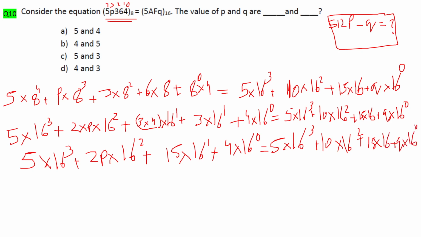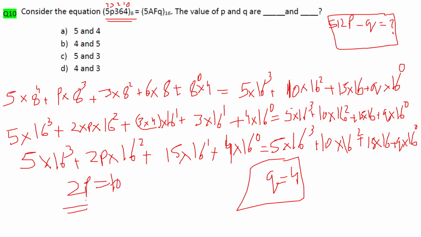Now comparing these terms, you can see 5 into 16 cube, 5 into 16 cube, 15 into 16, 15 into 16, and here is your 4 and here is your q. So from symmetry, q is equal to 4, and 2p is equal to 10. That implies p is equal to 5. So p is equal to 5, q is equal to 4 is your answer.